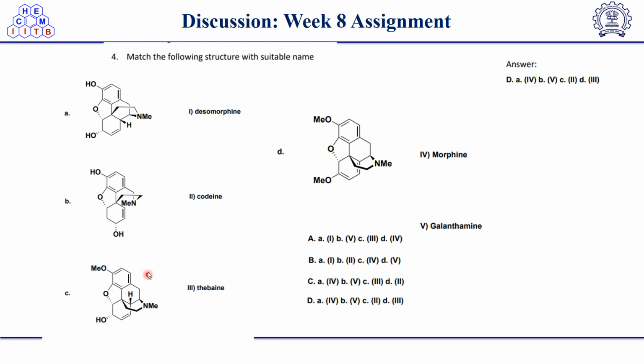Then this particular structure corresponds to codeine, which is similar to morphine, but instead of the phenolic group there is a methoxy group. And the last structure corresponds to thebaine.